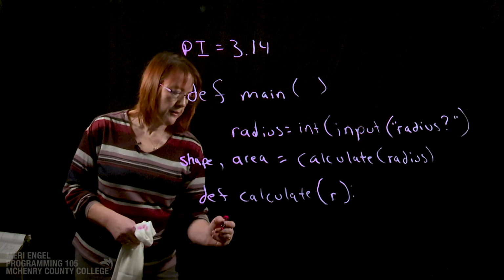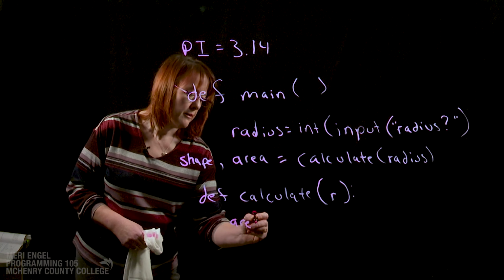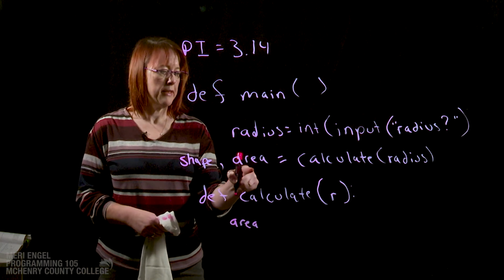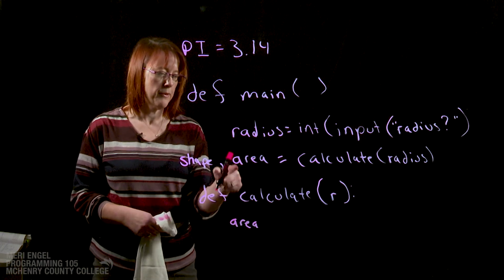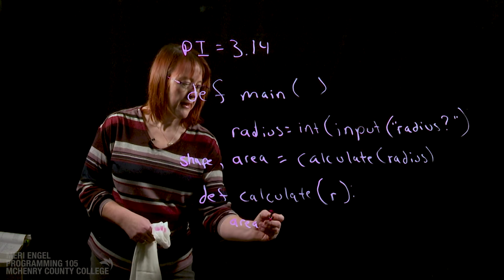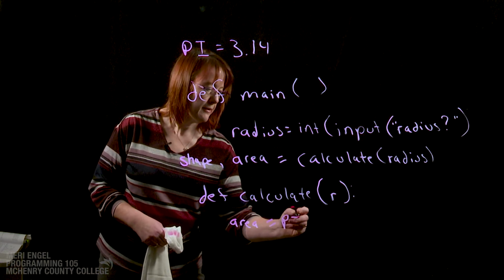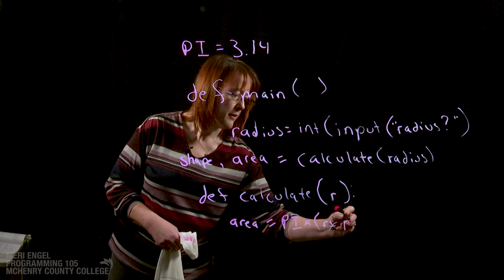So I could create a variable, area, and it doesn't matter that we're reusing this because it's out of scope. This is a different one, it can't see that. So we can have area equals pi times r times r.